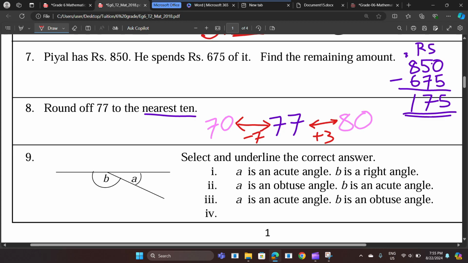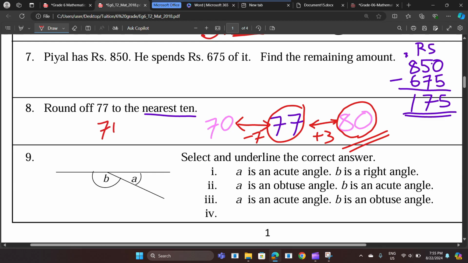So what is the nearest number to 77 then? Yes, it is 80. Okay, so the answer is 80. When we round off, we are rounding to the nearest 10. So in here, the nearest multiple of 10 is 80.